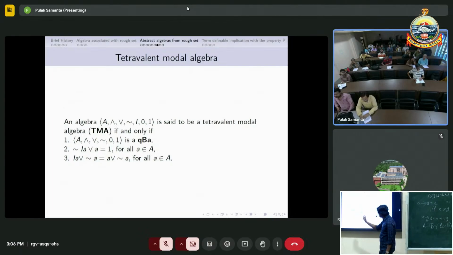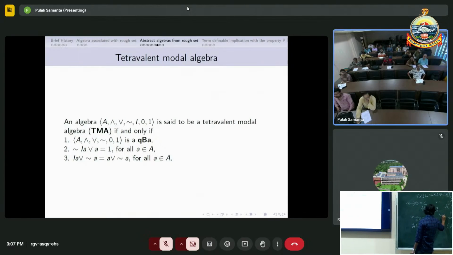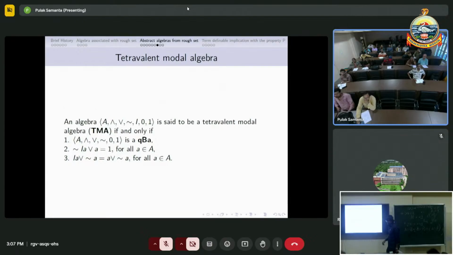This algebra is also due to A. Monteiro, and the reduct of this algebra is again the Belnap 4-valued logic L4. So this is also one algebra we can consider in our investigation.